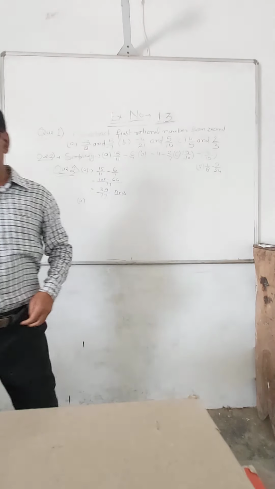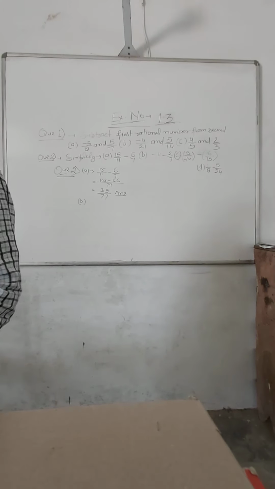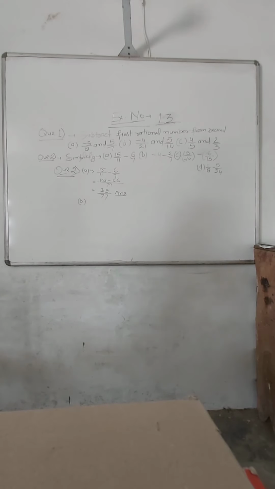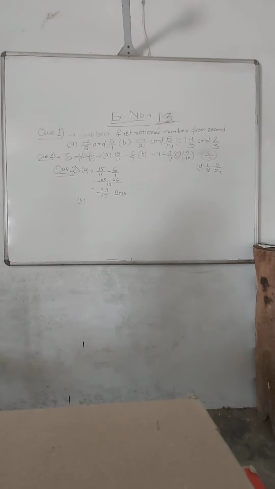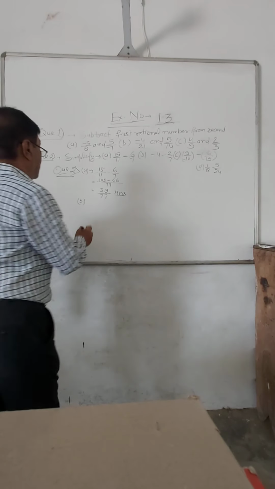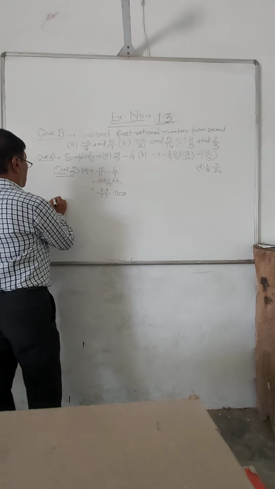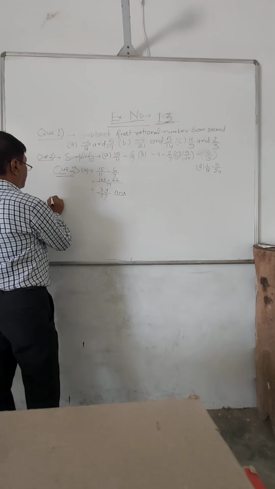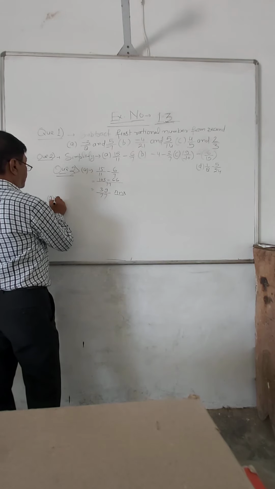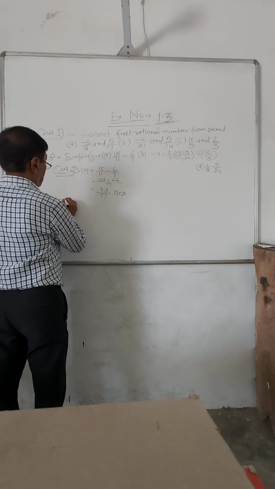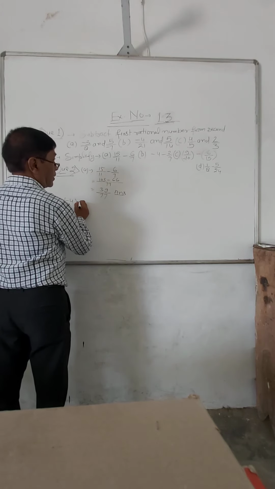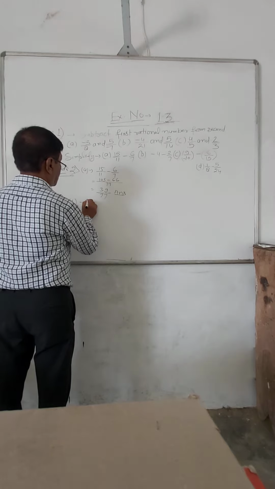Minus 4 minus 2 by 7. Question number 2B: minus 4 minus 2 by 7.